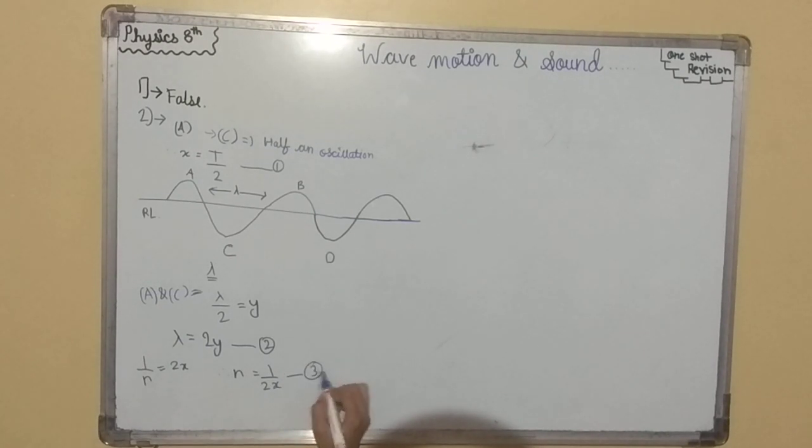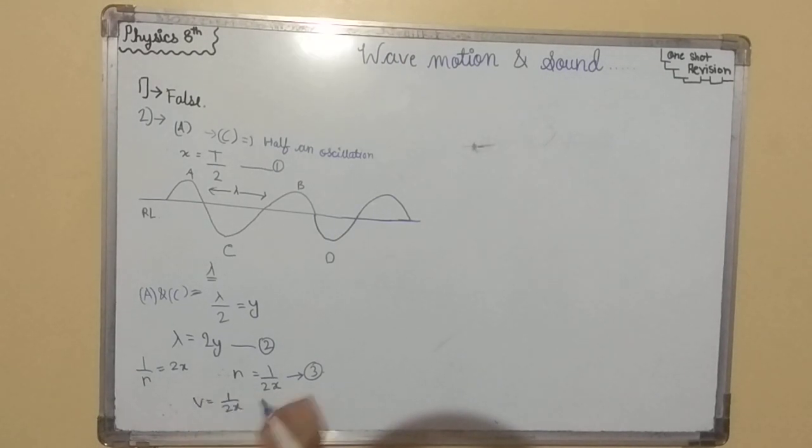This will be the third equation. Then, therefore, we will get v is equal to 1 upon 2x into 2y. 2 and 2 will get cancelled. So, therefore, y upon x meter per second is the answer.